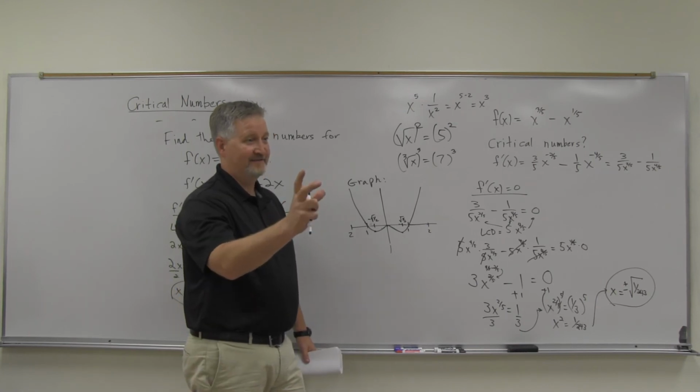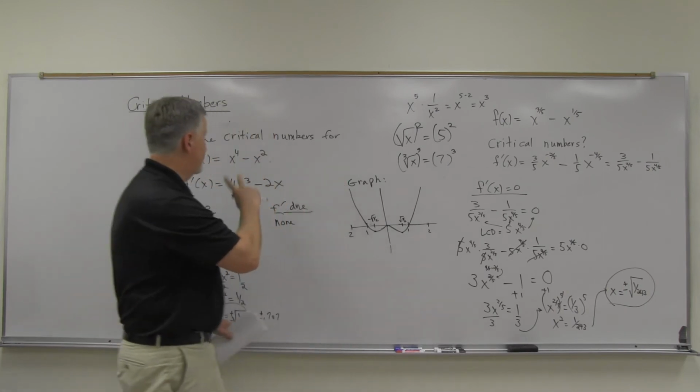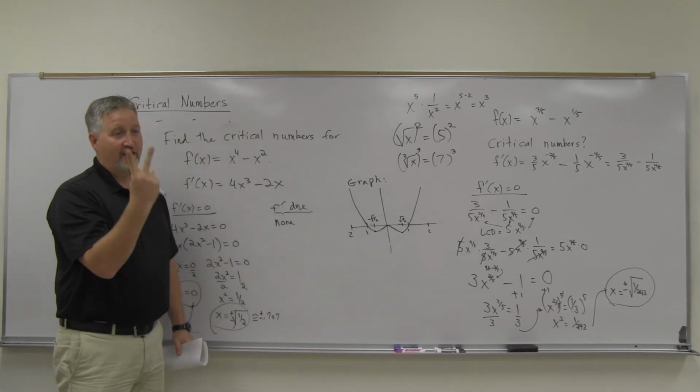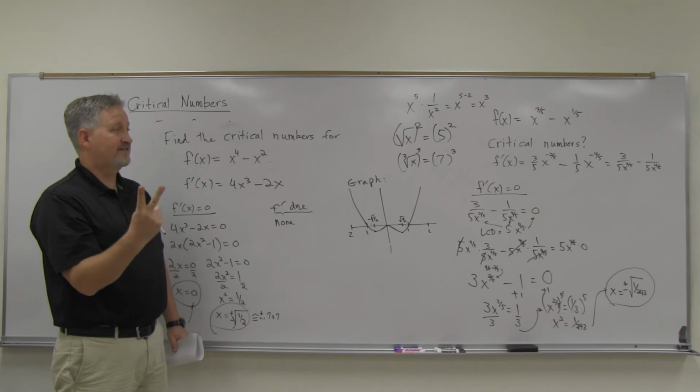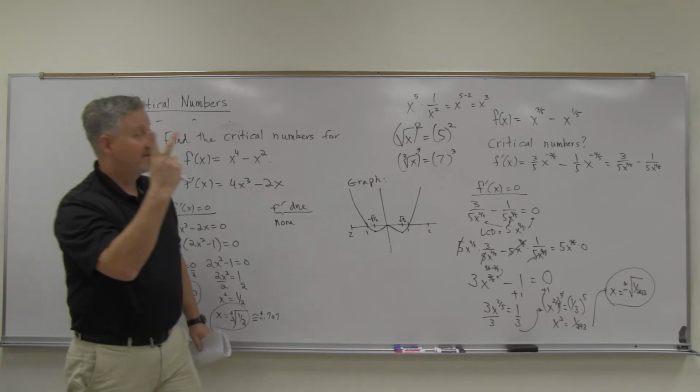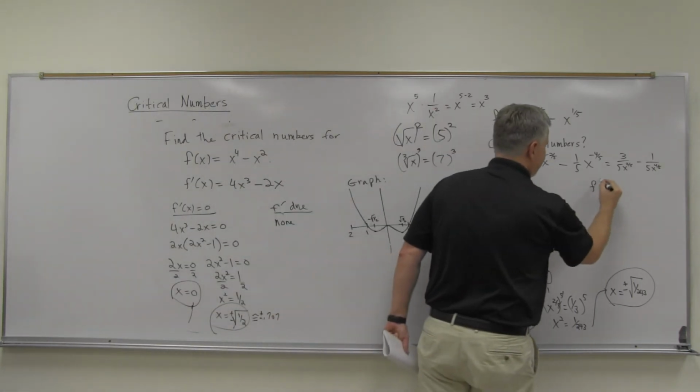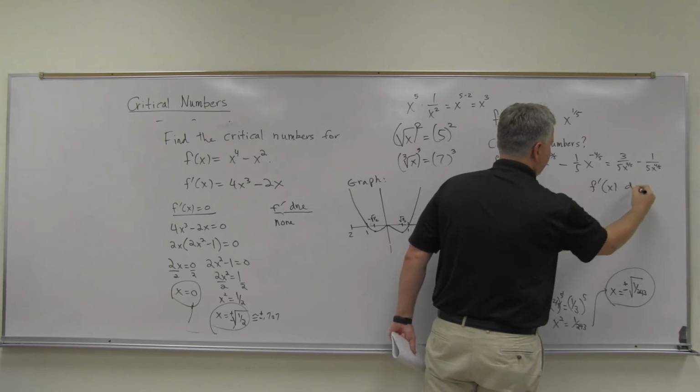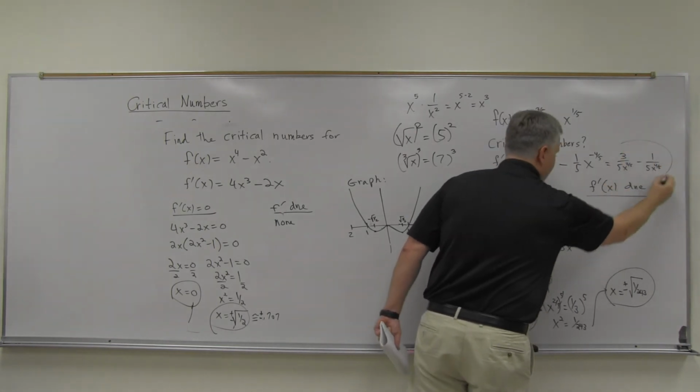However, we're not done finding the critical numbers. On the critical numbers, you have to look at two things. So far, we haven't come up with anything where the derivative does not exist, but this is another reason for putting it in this form. Here's my derivative.